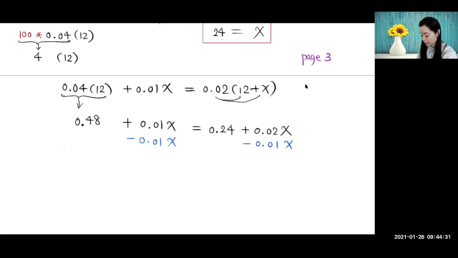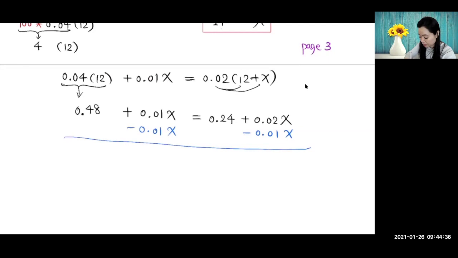Okay. Now by doing this, I will end up with 0.48, okay, equal to 0.24 plus what's 0.02x minus 0.01x. This is going to be 0.01x over here, right?